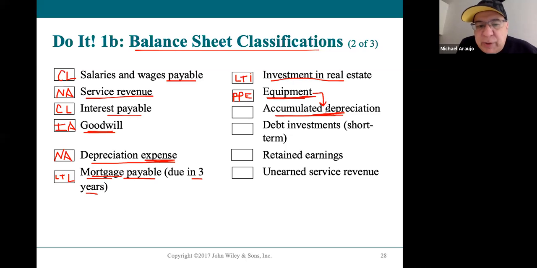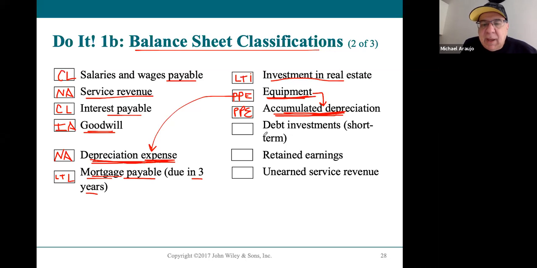And so depreciation expense is the portion of the equipment that we have expensed in the year, and we keep track of all of that in accumulated depreciation. So if you looked at your balance sheet, you'll see accumulated depreciation listed right after the equipment account, which makes it a PPE account, property, plant, and equipment.